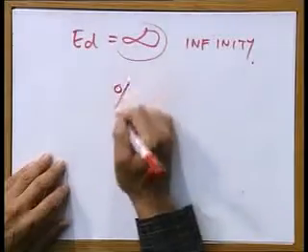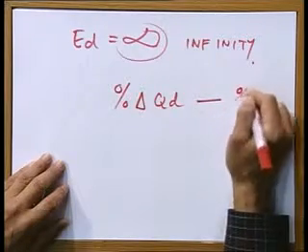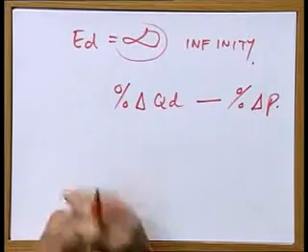When we look at the general definition of elasticity, it simply means, what will happen with the percentage change in the quantity demanded because of the percentage change in the price. Now, let's look at practical numbers. A slight change in the price will cause a very large increase in the quantity demanded.